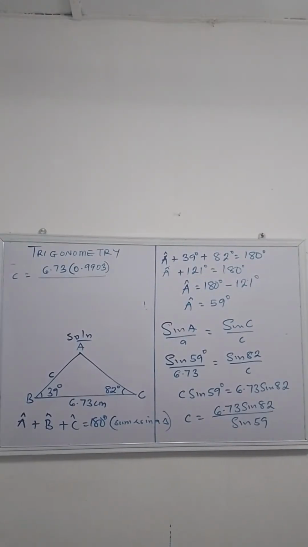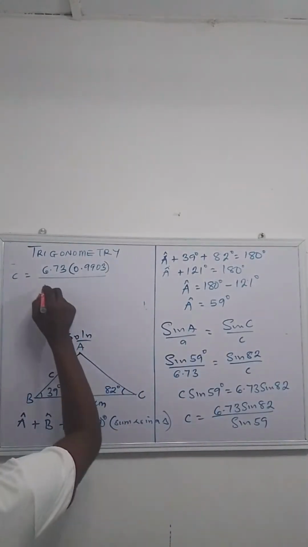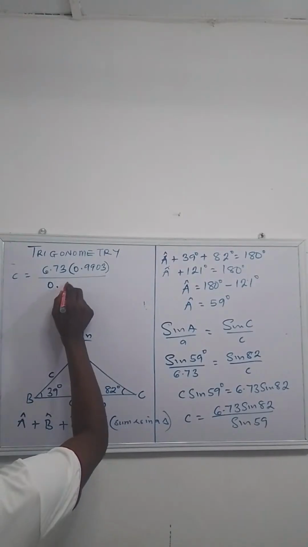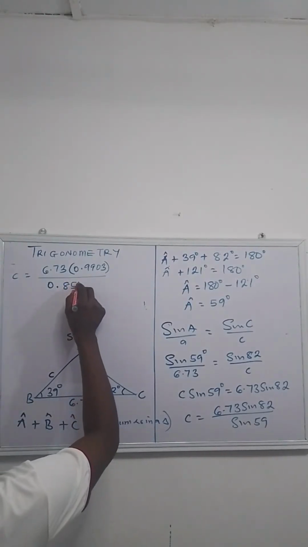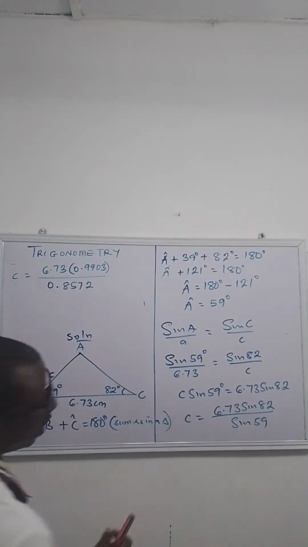Okay, all right, Familiar is 0.8572. Okay, I can see Opeyemi is 0.8572. All right, Scott. Yes. Now the correct answer, if you check your four-figure table and also if you use your calculator, you're supposed to have 0.8572. So that is what you're supposed to have.